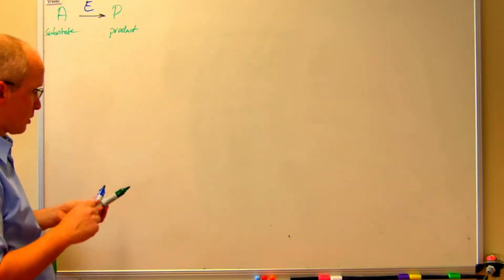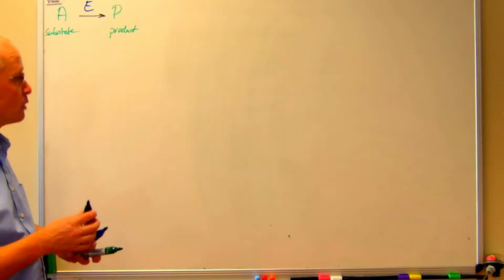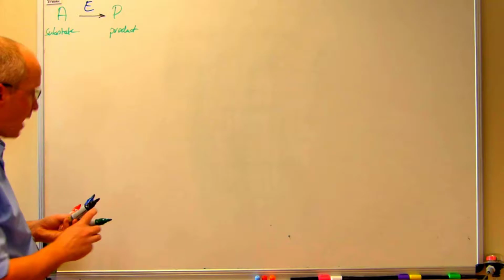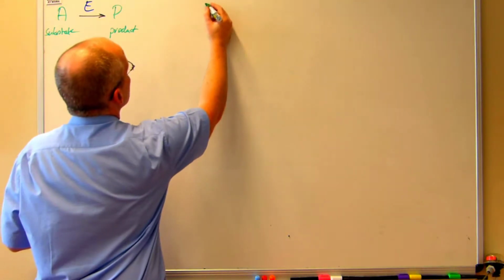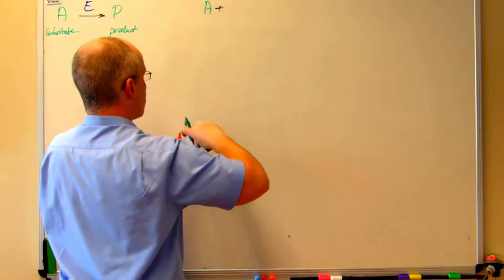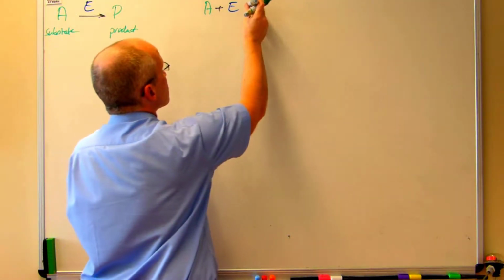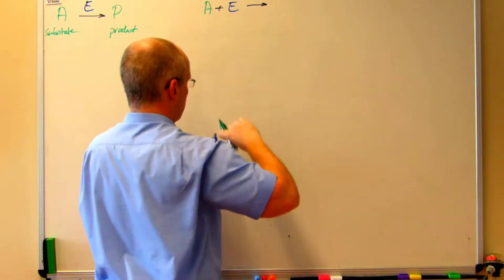So if we would come up with the simplest mechanism, and if we believe in these kind of things which are molecules, we would say, okay, we have the substrate which will interact with the enzyme and will form some sort of intermediate.